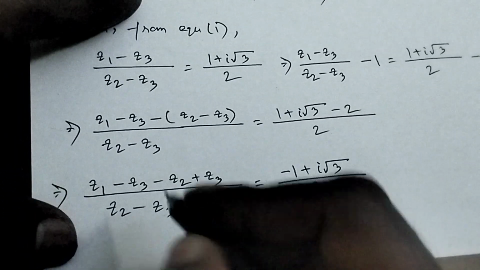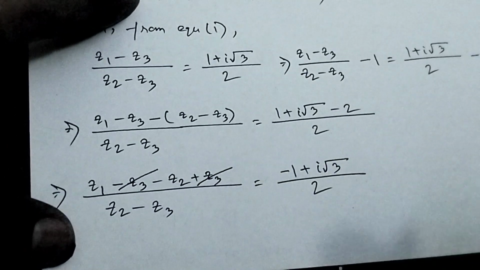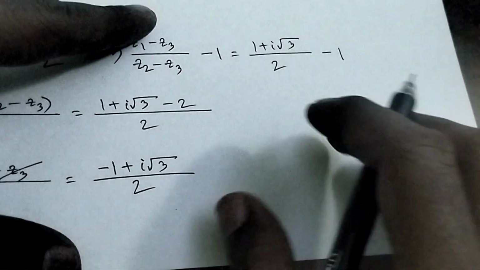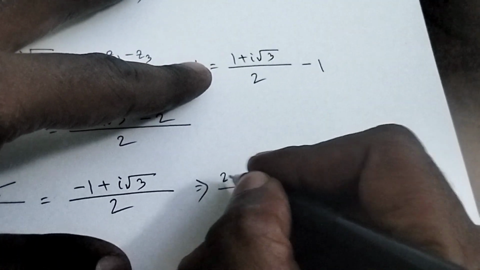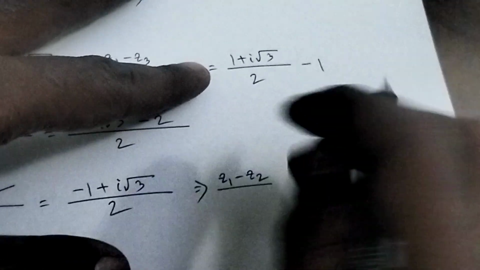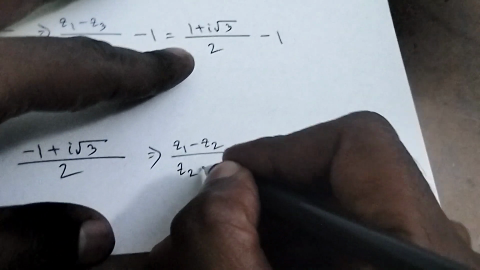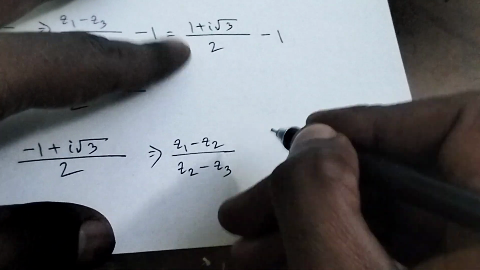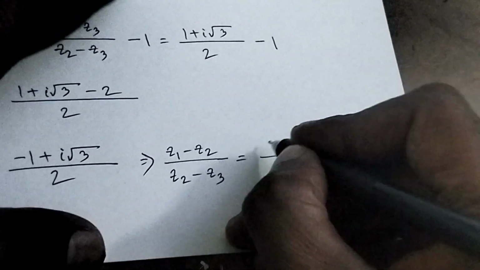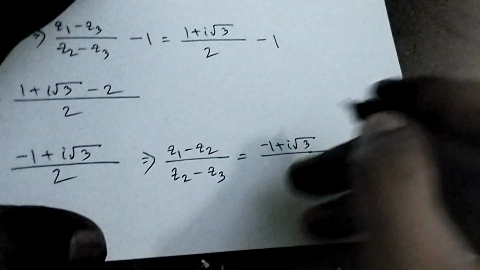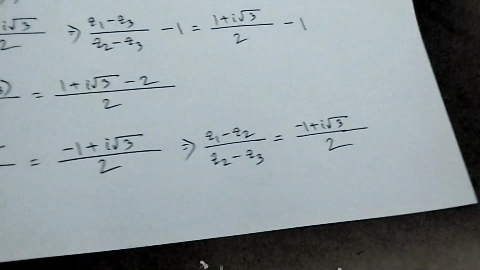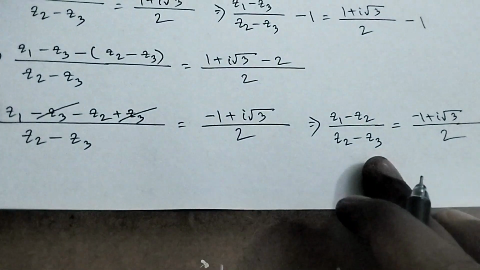Here minus z3 and plus z3 will get cancelled. So (z1 minus z2) by (z2 minus z3) is equal to (minus 1 plus iota root 3) by 2. Now what will I do? I will take mod on both sides.